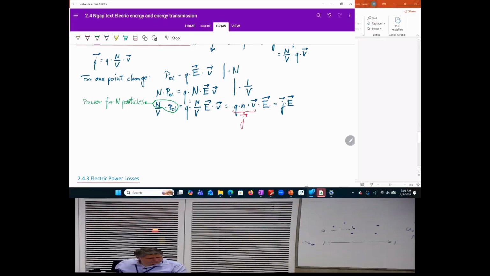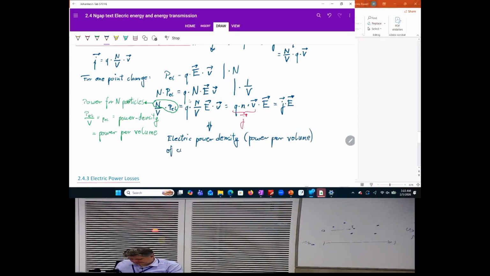If you take this power over the volume, that you can denote with a small p, p electric, and that would be a power density. It's a power per volume. So we can now give the electric power density, the power per volume of the current distribution, that is P electric.